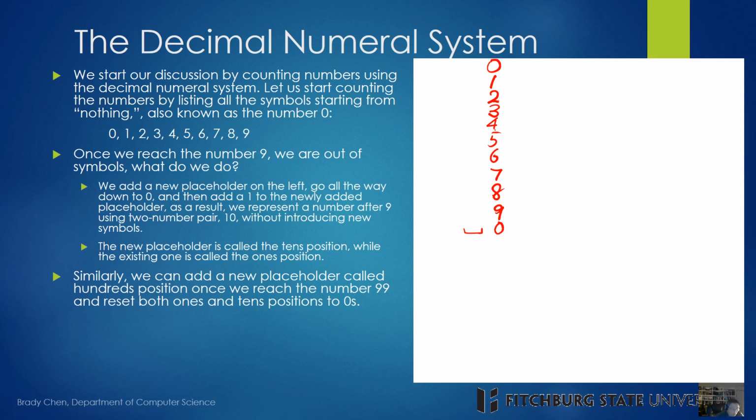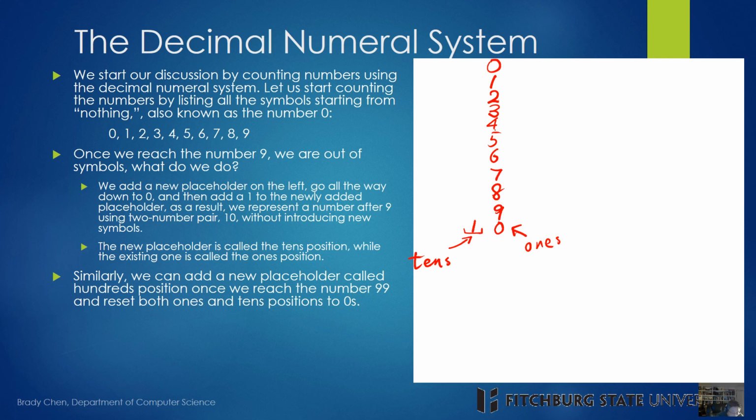This new placeholder is called the tens position. The current position is called the ones position. Then we add a 1 to the tens position. So we get 1, 0. That's number 10, which is 1 more than the number 9.